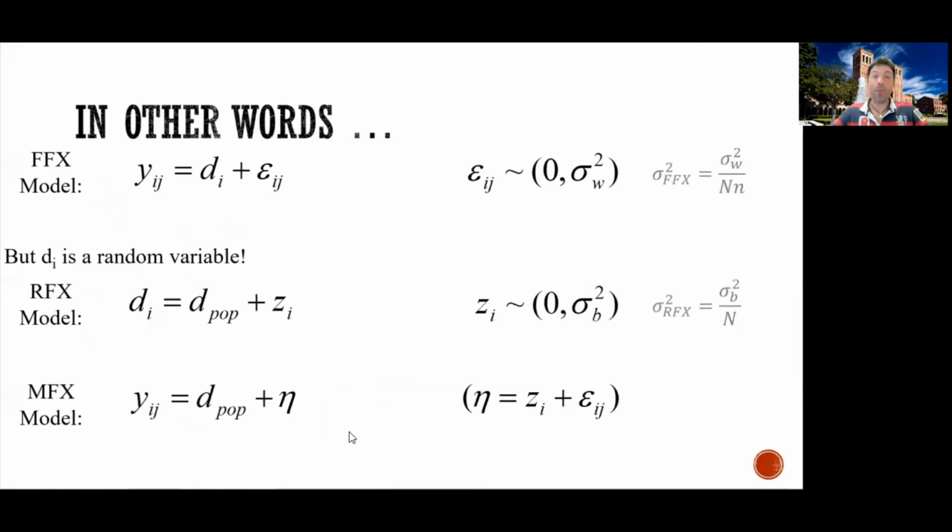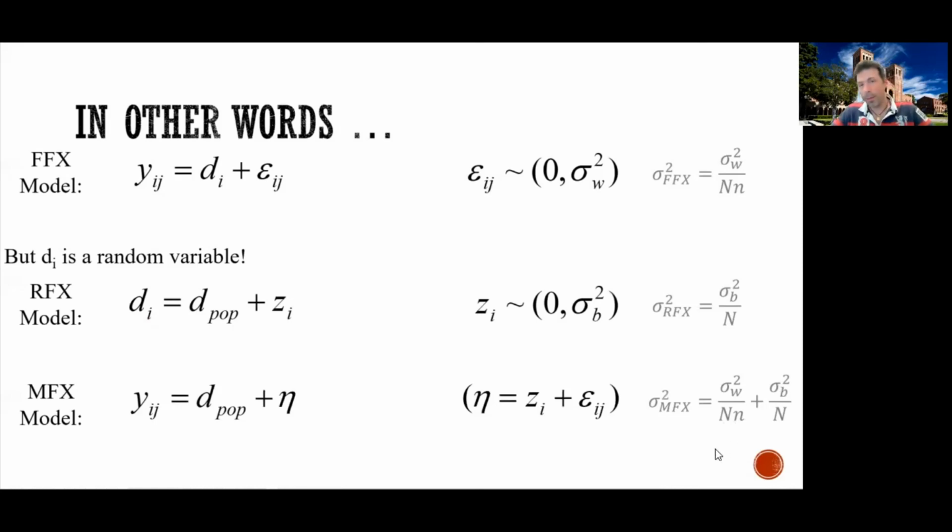And often we just abbreviate the sources of variance into eta, with eta being the sum of the between subjects variability and the within subjects variability. In other words, the mixed effects variance would be sigma squared within divided by sample size times number of observations, plus sigma squared between over sample size.